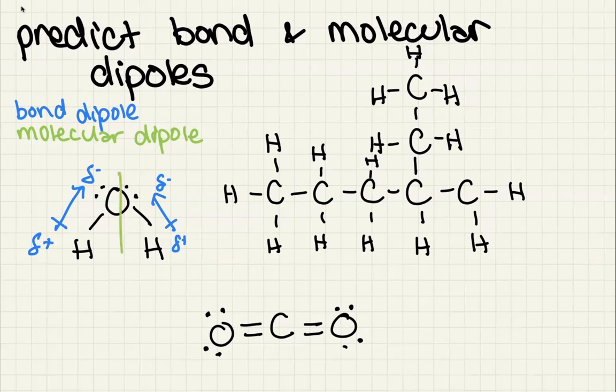Well, they're adding together, so we end up with a molecular dipole that is going to be like this. And that would be our molecular dipole. This is a very common polar molecule that we're going to see in biochemistry. You have something like 55 molar, I think it is, of water in water.